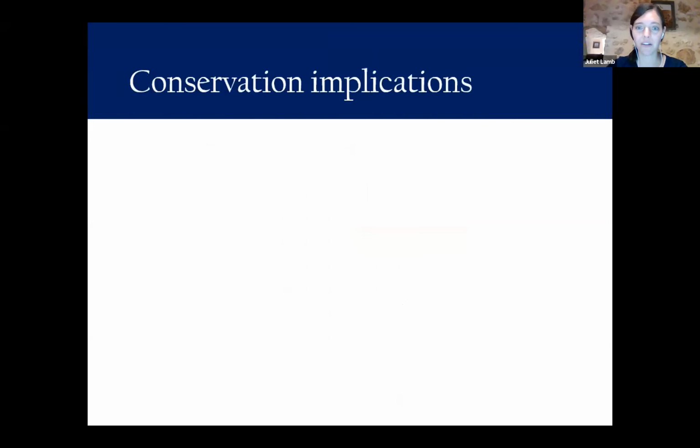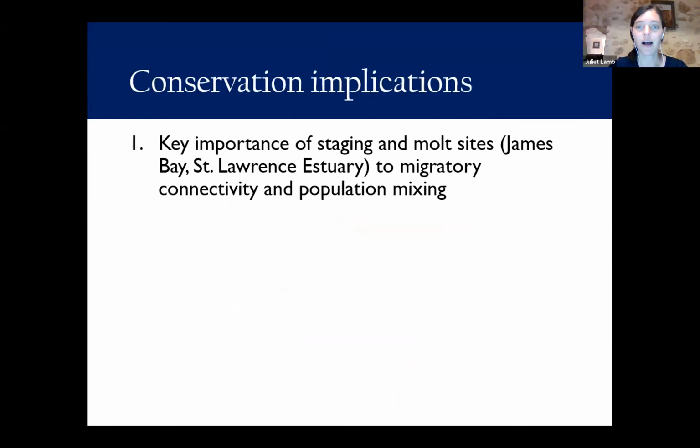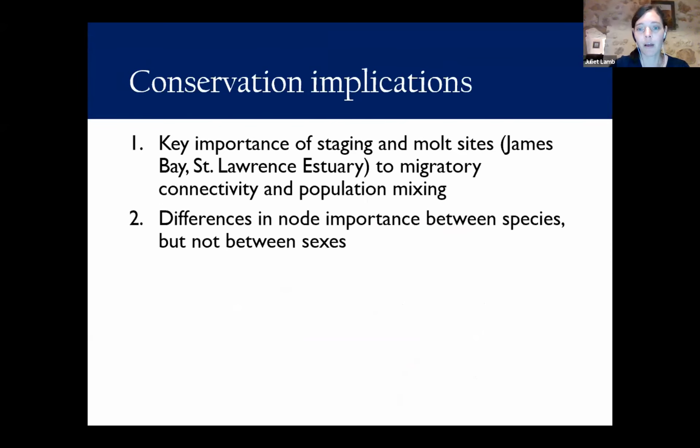So what does this all mean? How is this all useful? We really could identify some specific sites, and particularly these staging and molt sites that are unique to sea ducks within their migrations, that seem to be essential to population mixing and migratory connectivity. We see differences in node importance between species, but the part that I didn't show you is that they're all pretty similar for the sexes. So there aren't areas that are particularly more important for males versus females.